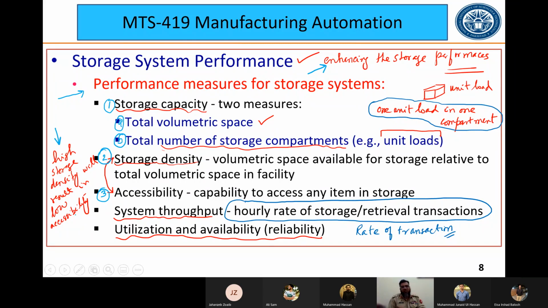It means that we have stored the materials at a place and they are stored in a very dense manner. So it means they are put very close to each other. When they are very close to each other, it will be difficult to access something. Let's see, if I have a storeroom and there is one door only.